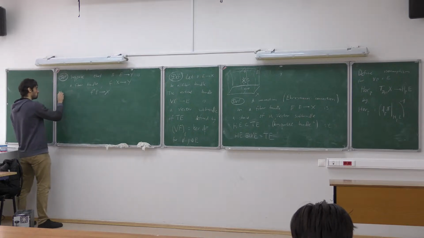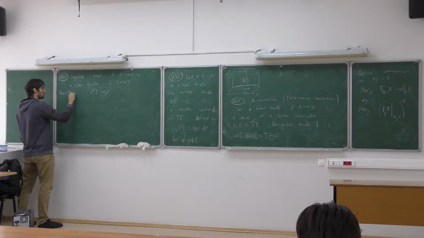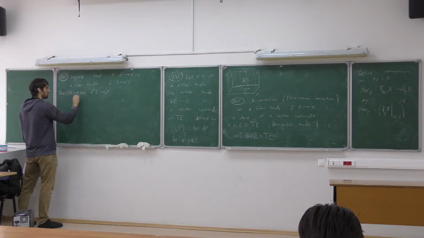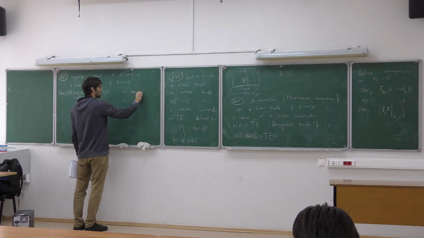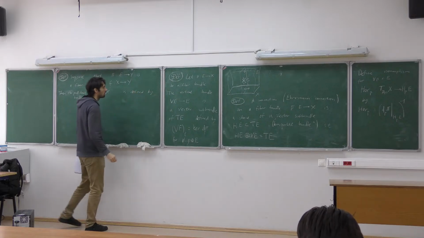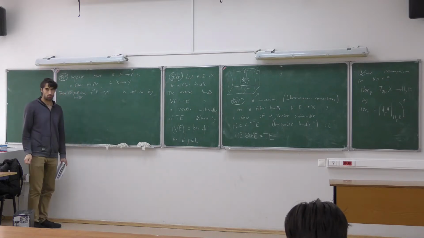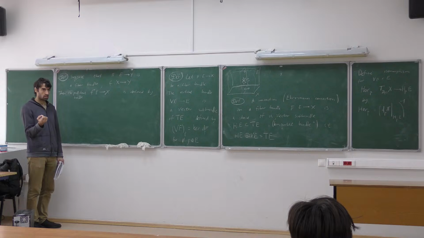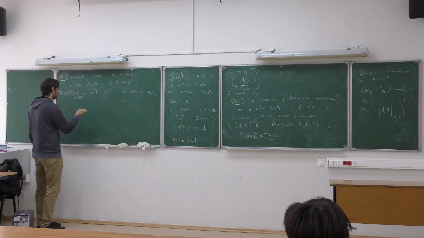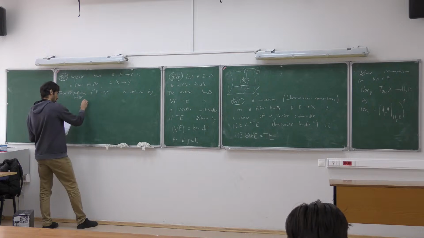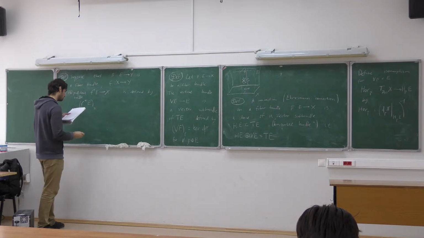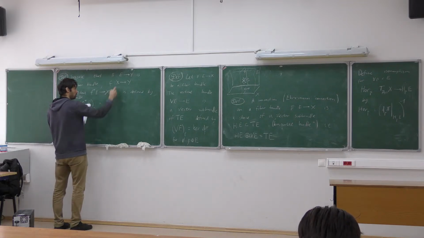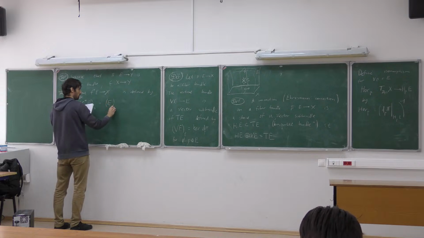The pullback bundle is defined just by fibers. For each point in X, I give you a fiber. The fiber of F star E at each point x is just the fiber of E at F of x.